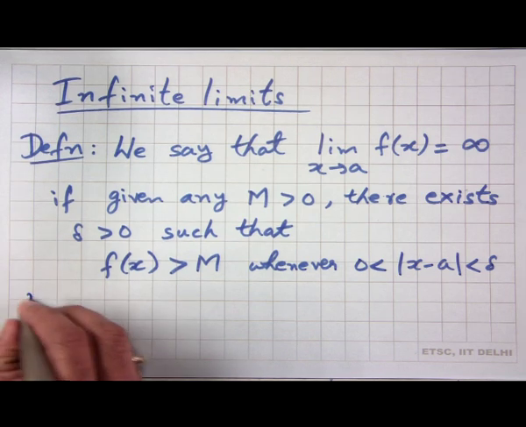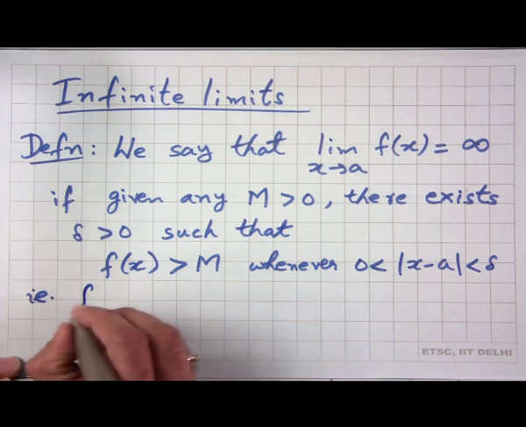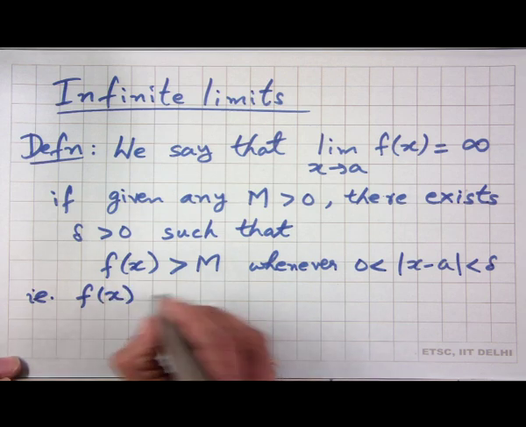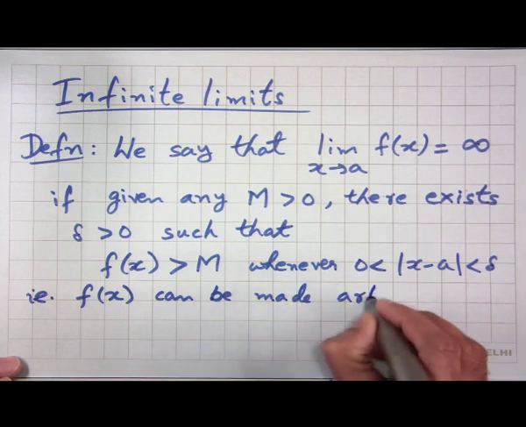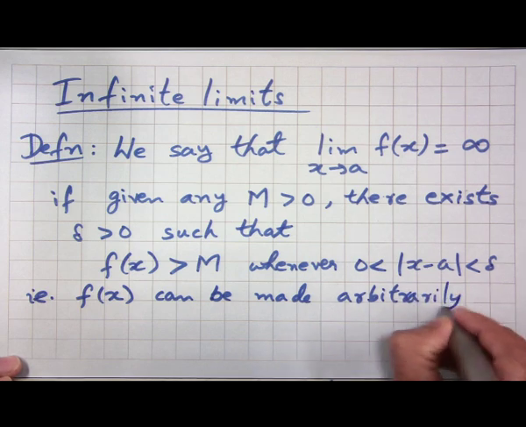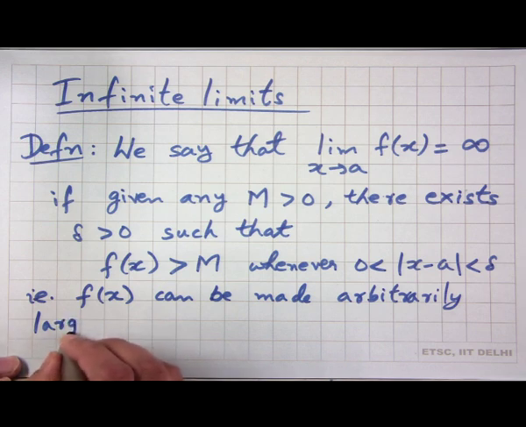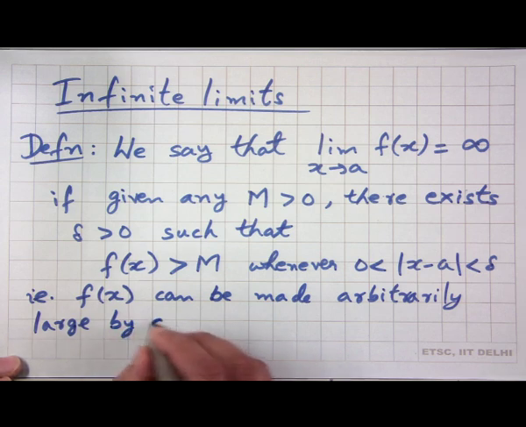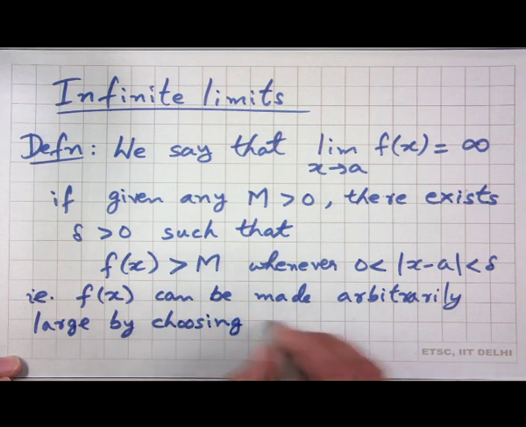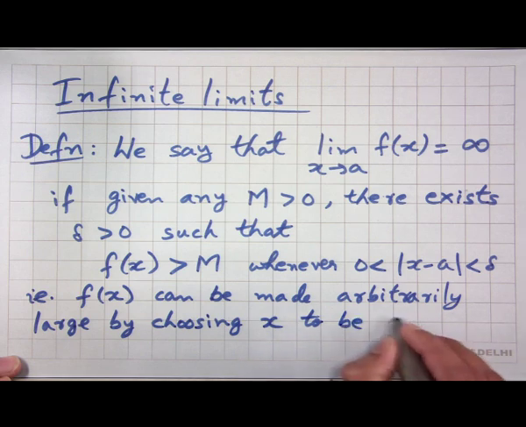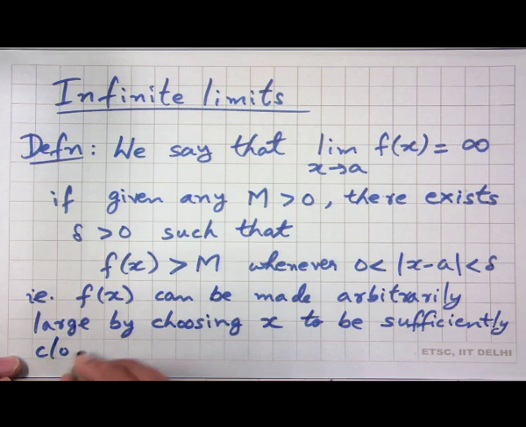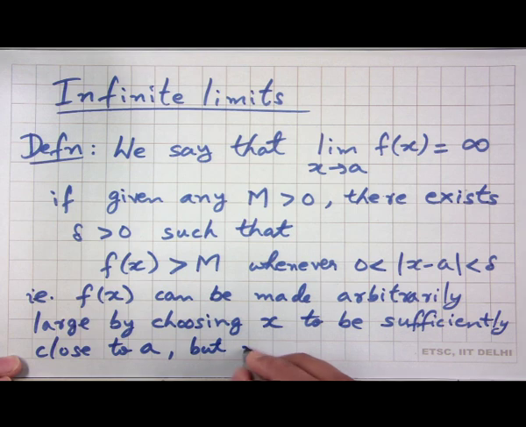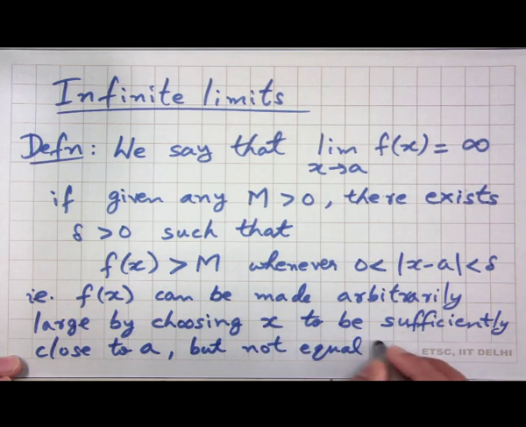So, that is, f of x can be made arbitrarily large by choosing x to be sufficiently close to a, but not equal to a.